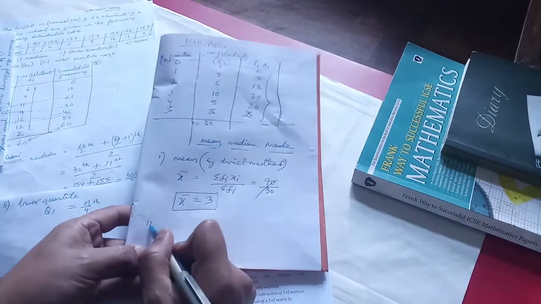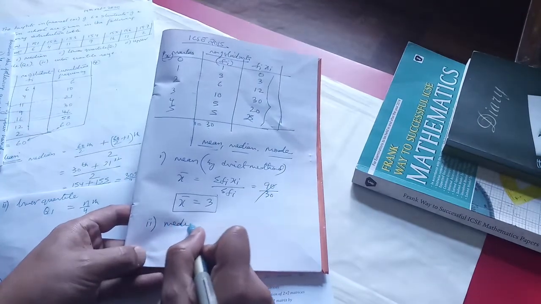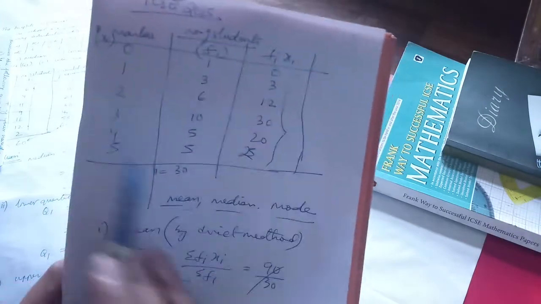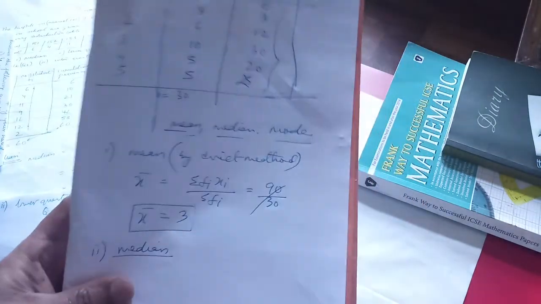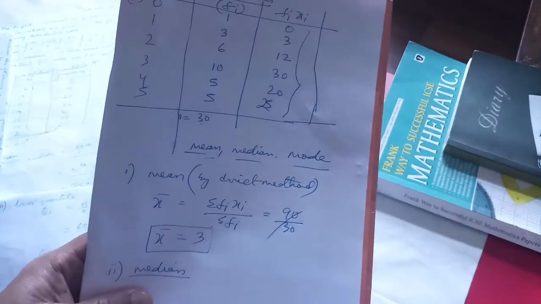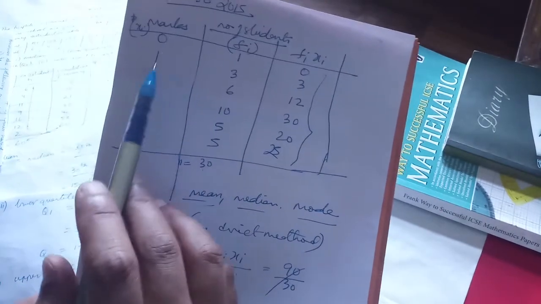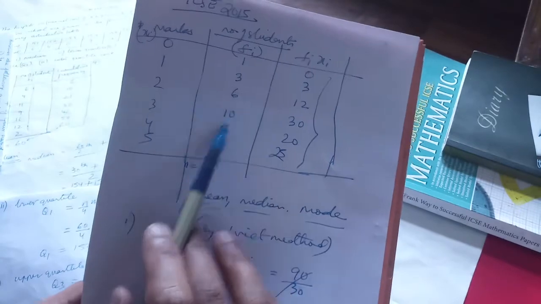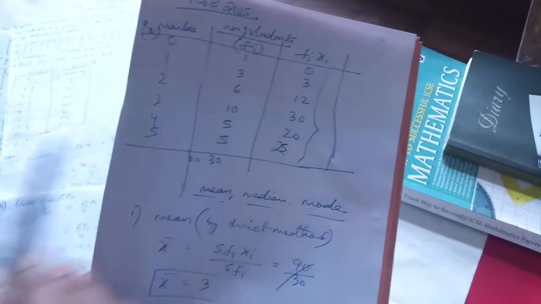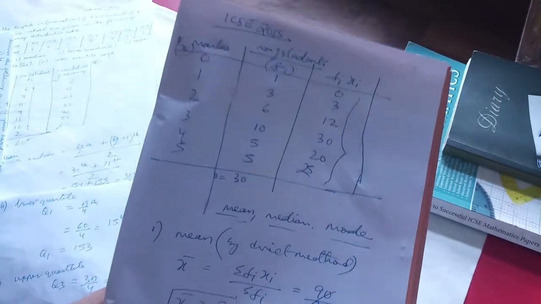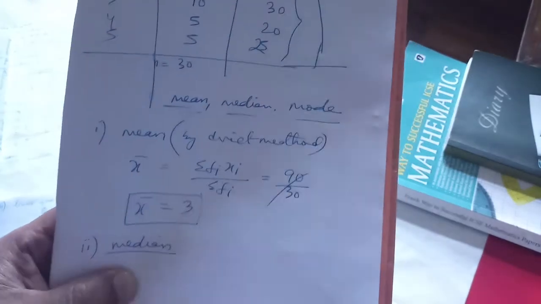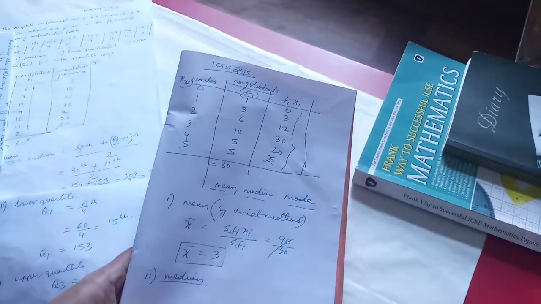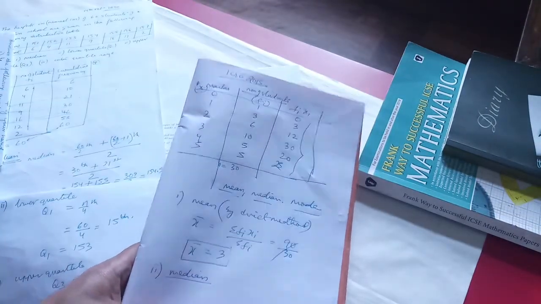Okay, now median, number 2. See, to find the median in this case, when you have a distribution table, what is the first thing that you have to do? Because the marks are already arranged in the ascending order, the frequency is given there, so you cannot tell which is the exact middle value here. So you have to construct cumulative frequency.